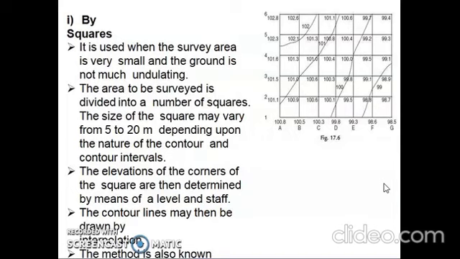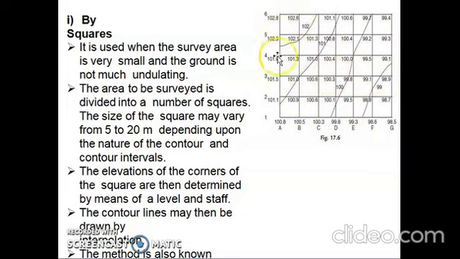So the squares method is very simple. You have to form a grid on the flat ground at a common interval or the same interval. So there will be a grid that will be drawn by the surveyor before you start the work. This is the grid that is made on the ground.